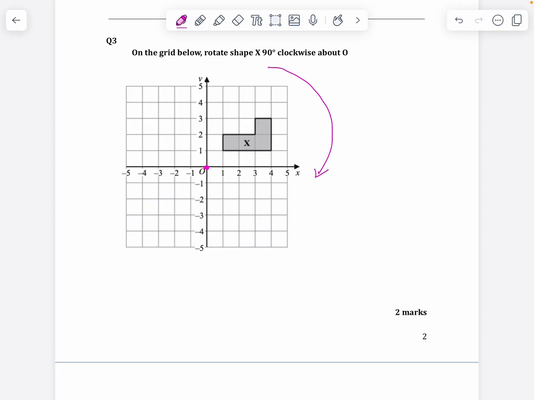So that's this way. 90 degrees, which is a quarter turn. Then you should end up with your shape being here. Okay, so that's where your shape should be.